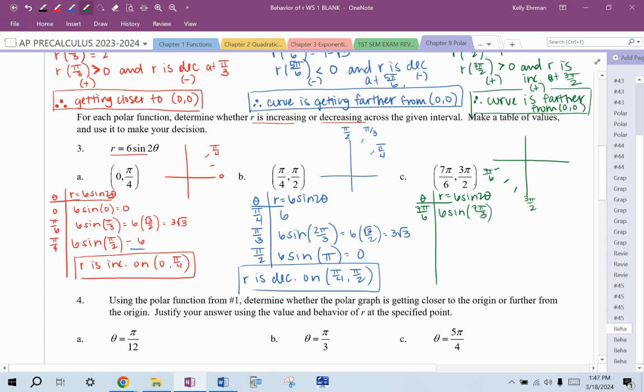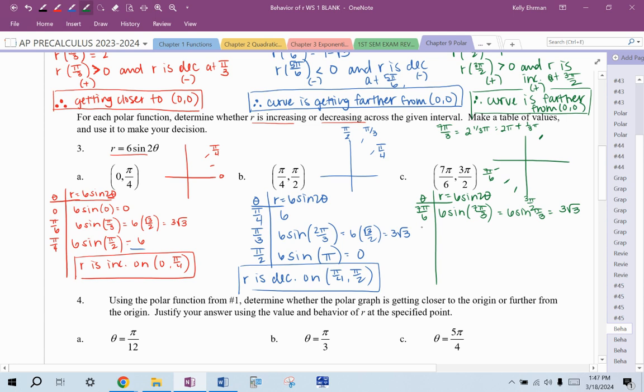Now this is bigger than a full circle. 7 pi over 3, think of that as a mixed number. 2 pi would be 6 pi over 3, so that's 2 and 1/3 pi. In other words, that's 2 pi plus pi over 3, so you land right here. That's the same as 6 times the sine of pi over 3. So 6 times radical 3 over 2 is 3 radical 3.